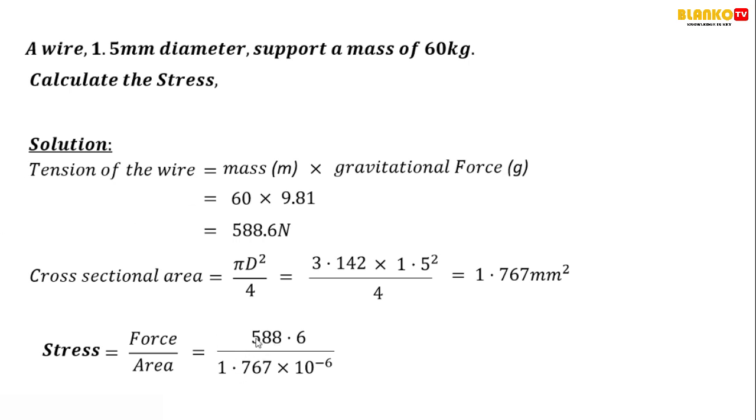When you divide 588.6 by 1.767 times 10 raised to the power negative 6, we get 333.5 times 10 raised to the power 6 Newton per meter square, which can also be written as 333.5 mega Newton per meter square. 10 raised to the power 6 is mega.